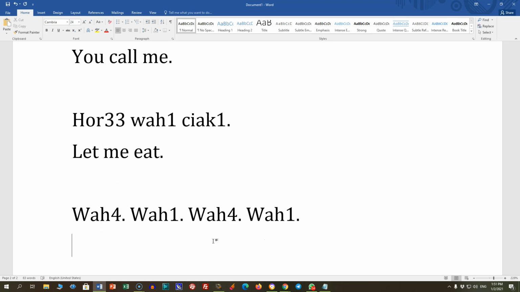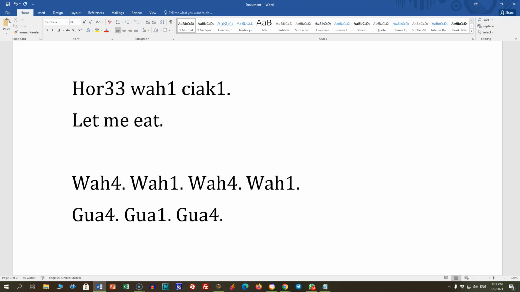In the same way, you can use the word gua, which changes to gua in regular sentences, and in emphatic sentence, it will be gua again. Example, 我吃饭.